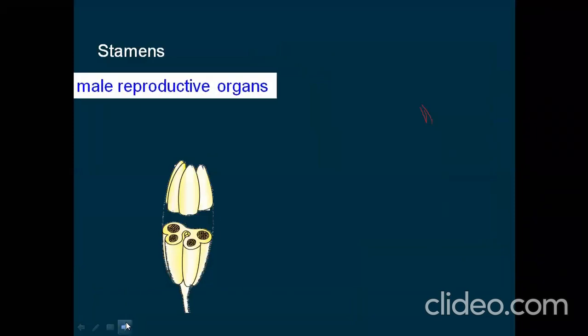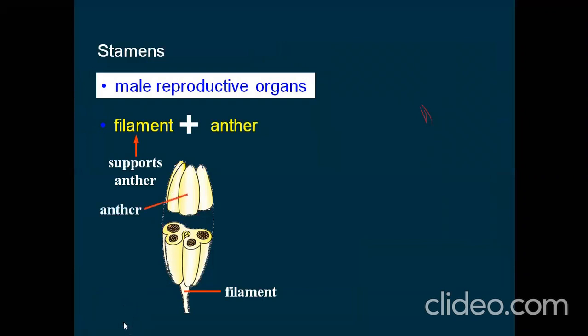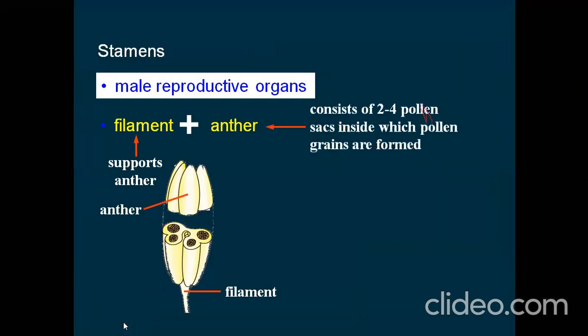Now, stamen. The male reproductive part: anther and filament form the stamen. I told you already. First is the filament. The filament supports the anther. So filament plus anther. Okay.